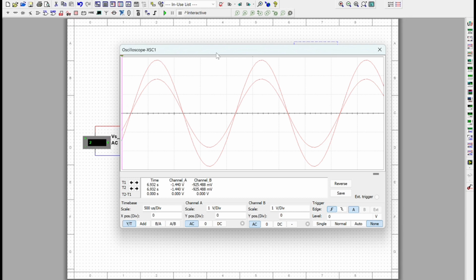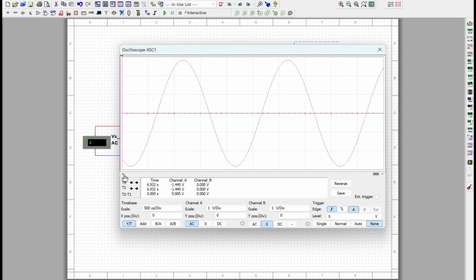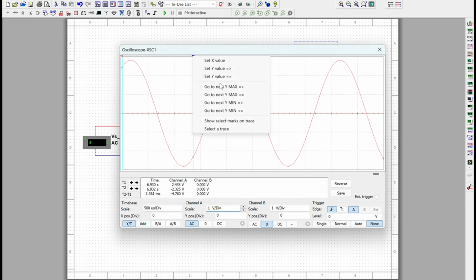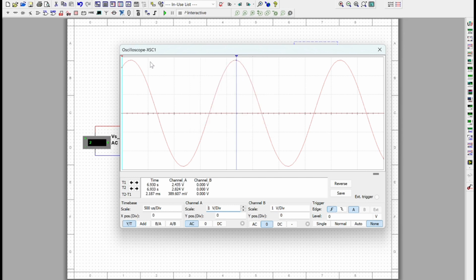Okay, so for our first measurement, we are going to measure the voltage peak to peak across our input source. So we're going to turn off channel B because that's the graph for resistor 2. So to measure voltage peak to peak, we can slide our graph down and we take one cursor and we set it to the Y max for the graph.